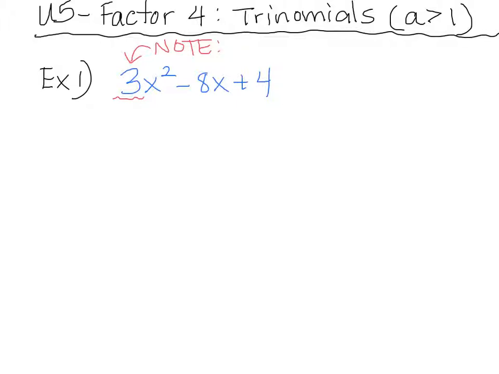The a value is greater than 1, and in addition to that, it's not a greatest common factor, right? We cannot divide that 3 out of each term. So it's not a GCF. If it was, that would make this problem a lot easier.